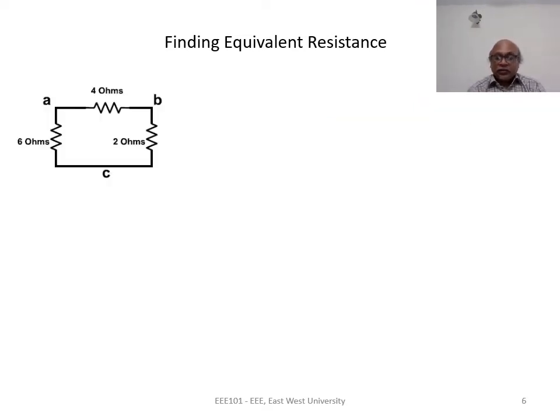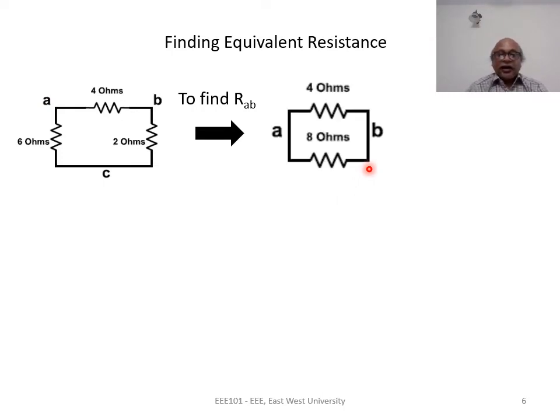However, 6 ohms and 4 ohms cannot be combined. 4 ohms and 2 ohms cannot be combined because observation nodes cannot be allowed to vanish. Okay, so how do we calculate RAB? We will look at node C. We combine these two resistors and we get 8 ohms between node A and node B. The 4 ohms is already there. So if we now look at this circuit, we can say that 4 ohms and 8 ohms are connected in parallel.